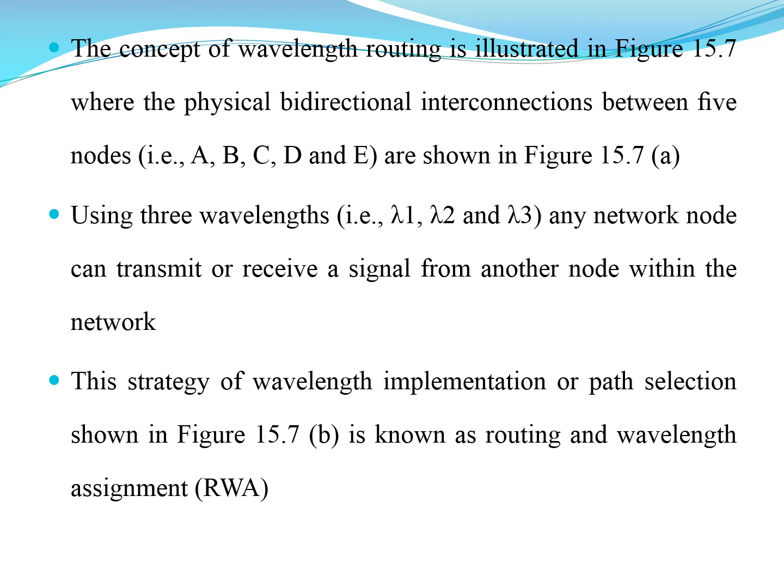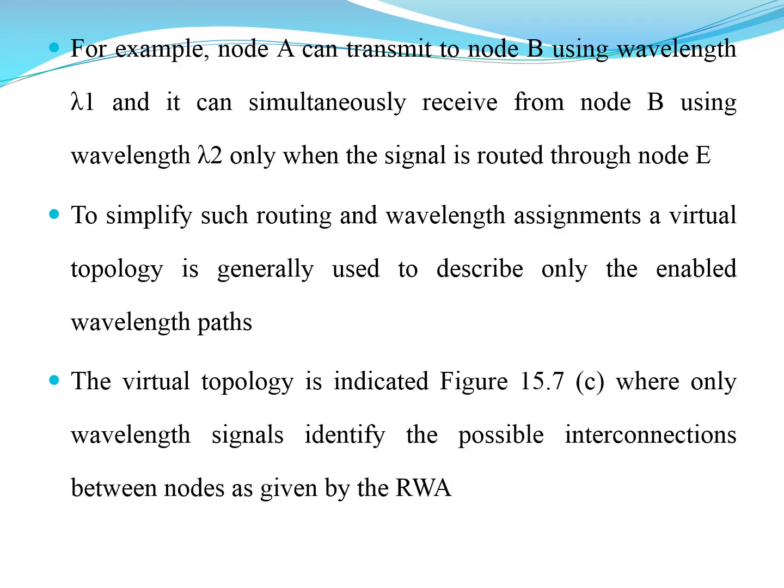The strategy of this wavelength division multiplexing network is that it can be used as a wavelength implementation network, or it can be used as a path selection network, which is known as routing and wavelength assignment. So that is RWA, routing and wavelength assignment.